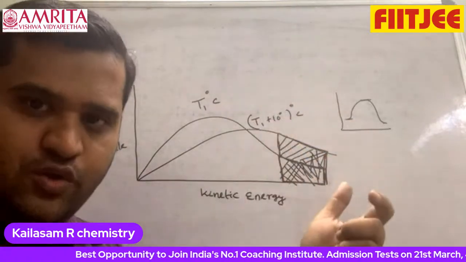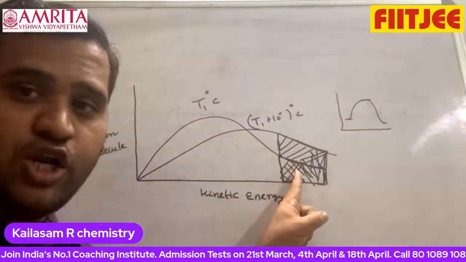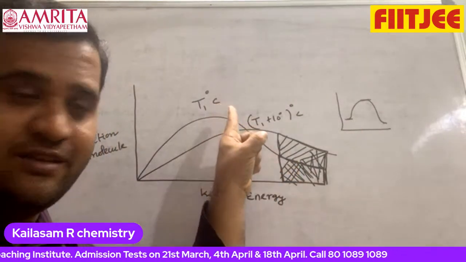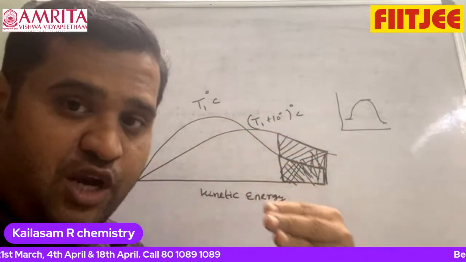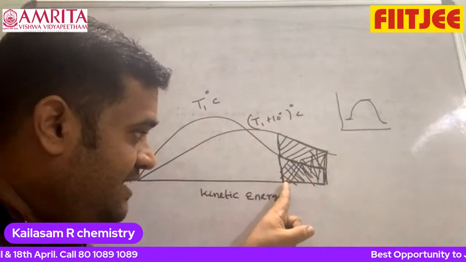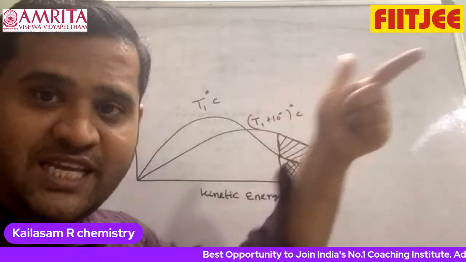More molecules cross the energy barrier. Suppose 20 molecules are there when the temperature is T1 degrees Celsius. When I make it T1 plus 10 degrees Celsius, the fraction of molecules having energy greater than or equal to the energy of activation increases. That means more molecules are going to take part in the chemical reaction.